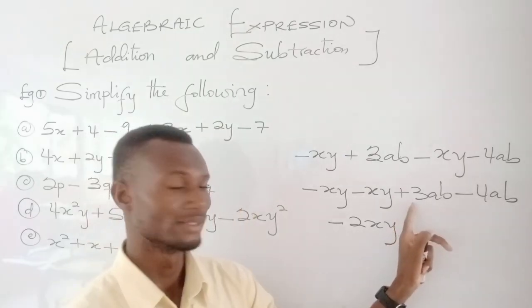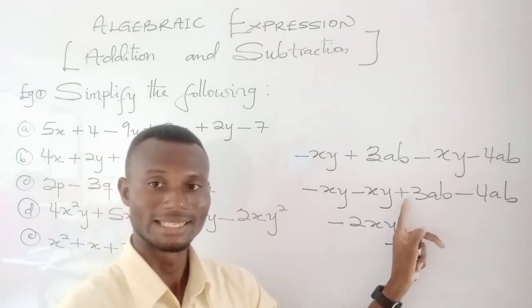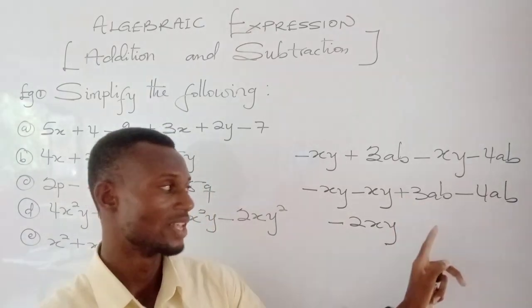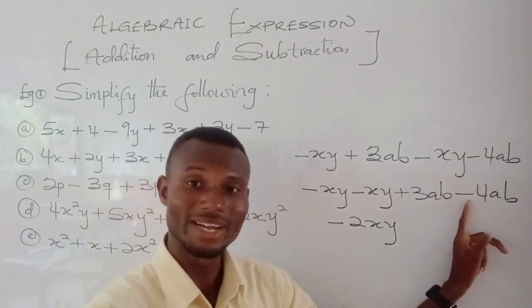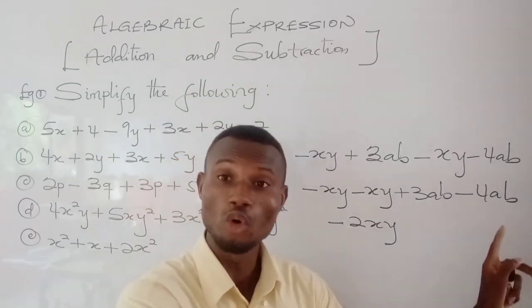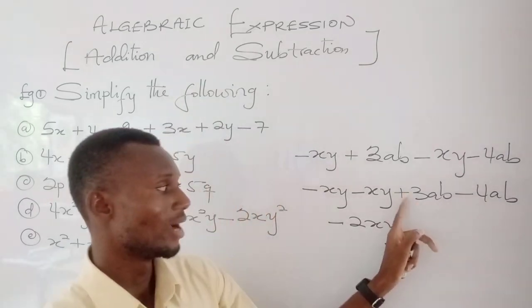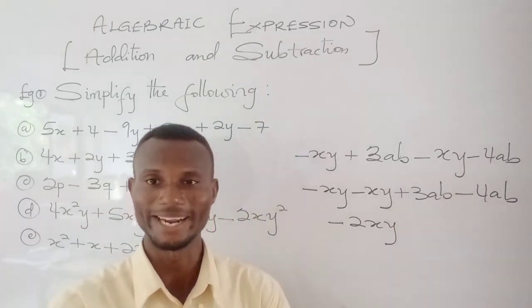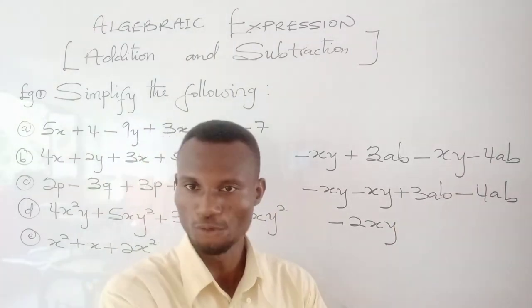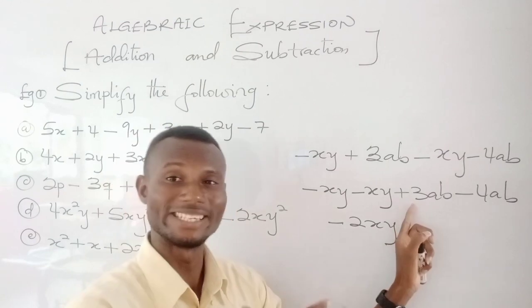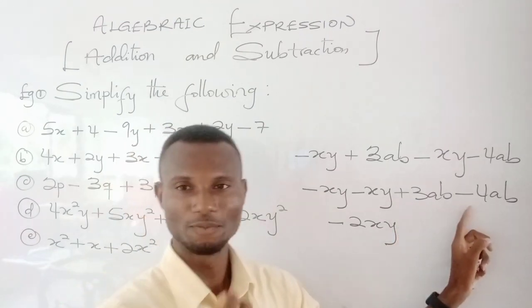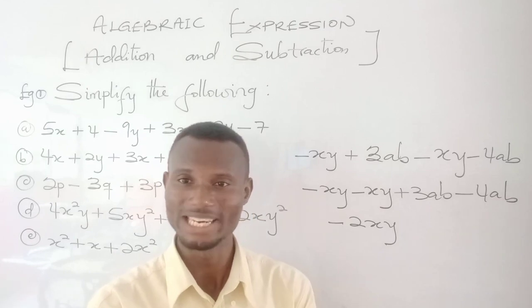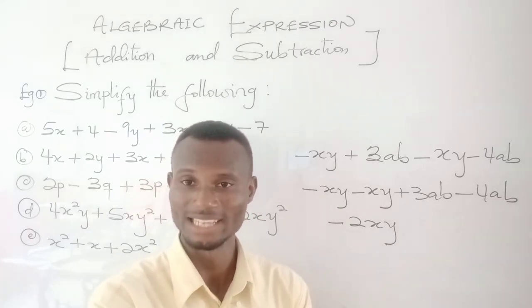So if I have 3 cedis and I'm owing someone 4 cedis, I pay back and I'll still be owing the person 1 cedi. Is that not it?